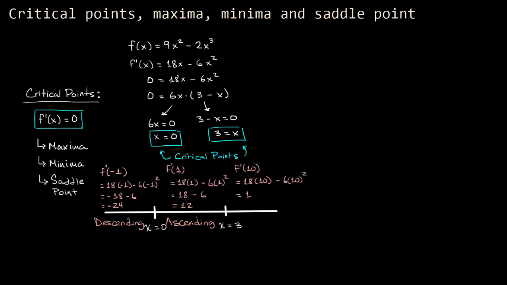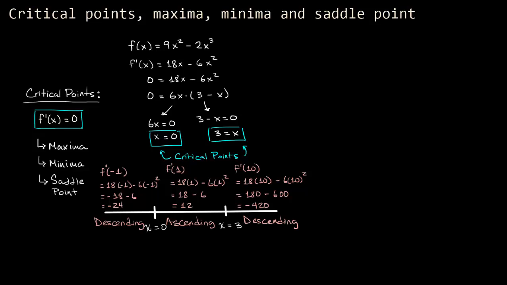We get 180 minus 600, and of course we get 420. I'm sorry, it would be negative 420. This is a negative value, so this represents that the function after the 3 would be descending.